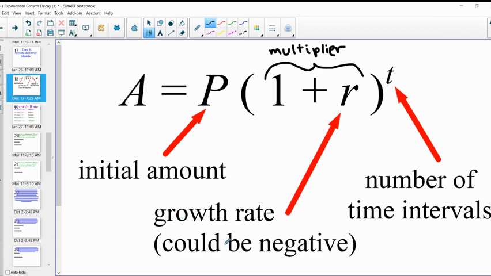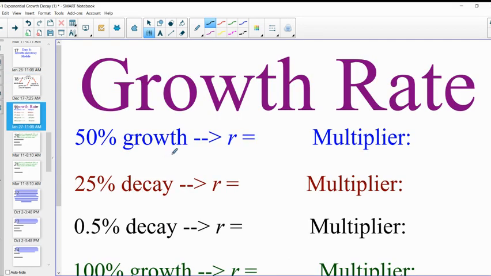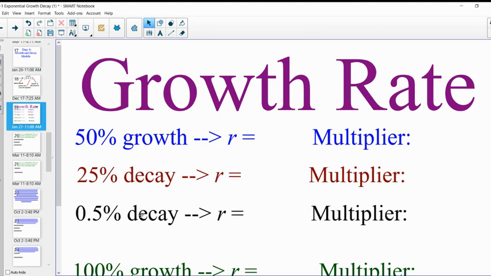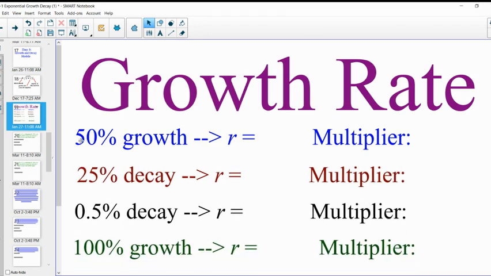Just a quick word about this growth rate. It could be a negative number. Our multiplier is 1 plus that growth rate. So for some quick examples, if I've got 50% growth, that 50% growth would be the same thing as an R value of 0.5. 50% is the same thing as 0.5. Moving that decimal place over 2 spots.